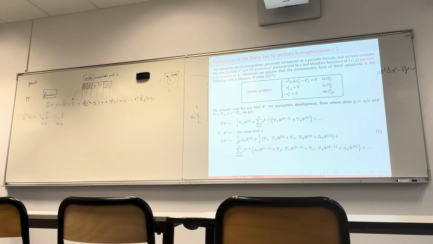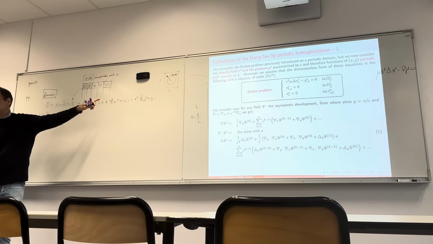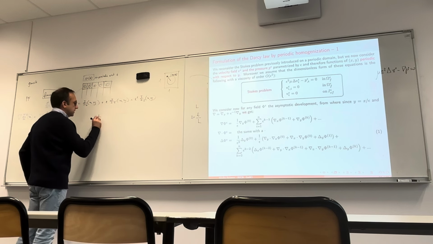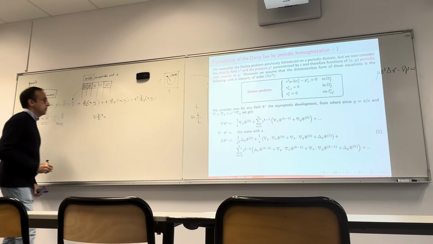So, if we consider this definition of the gradient, obviously we have to apply this definition of the gradient to the asymptotic expansion. So the gradient of phi epsilon will be what?